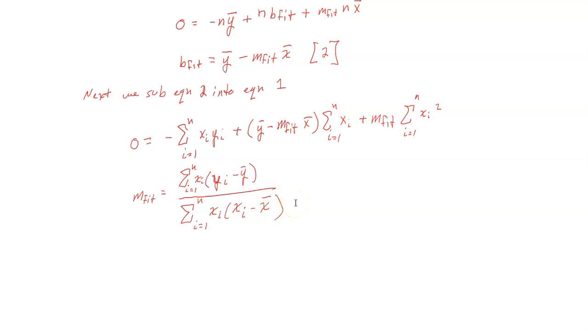So given these two equations for m fit and for b fit, so b fit was equation 2 and m fit was equation 3, if we use those two equations, we find the estimators of m and b that best fit our data.